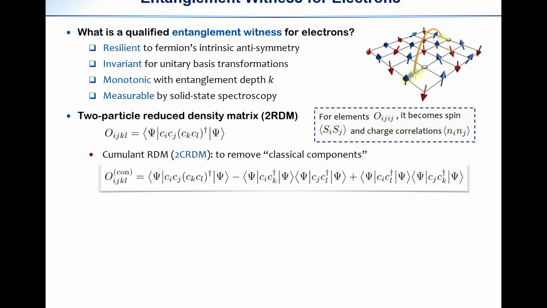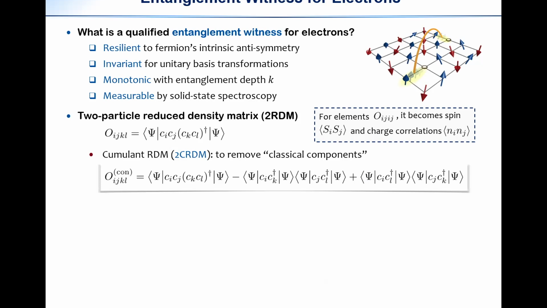But what's more important is that you want to subtract off the classical part. The 2-RDM alone is not very efficient, as we just discussed with the total spin. You can subtract off the single-particle part, the 1-RDM, which is the two-fermion correlation, any combination of two-fermion correlations, because if you have a Slater determinant, you have Wick's theorem, and the subtraction will vanish in the end.